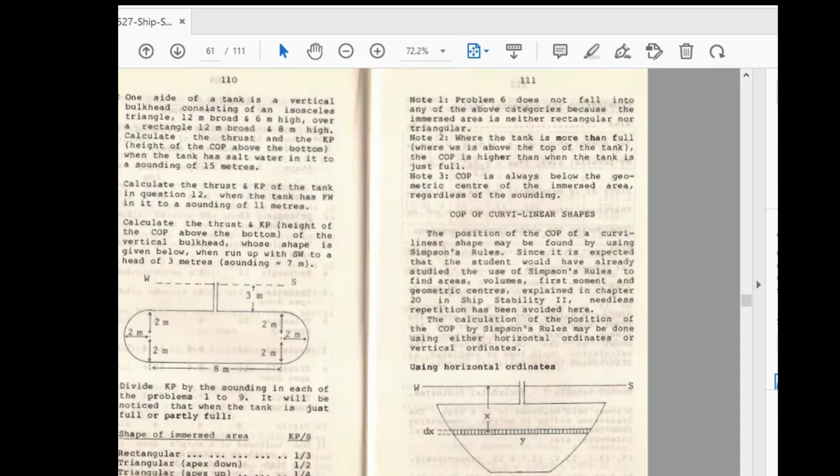B/2, sir. तो 8/2 यानी कि 4 मीटर्स फ्रॉम बेस. इज दैट ओके विद एवरीवन? Yes, sir.